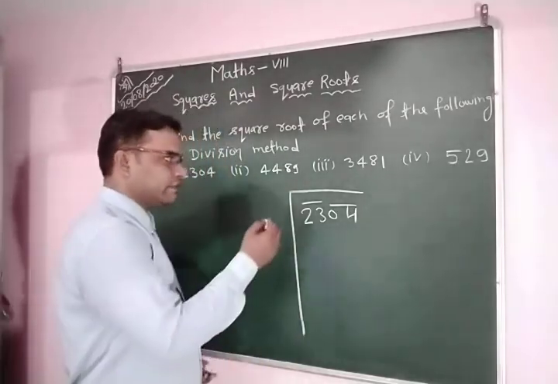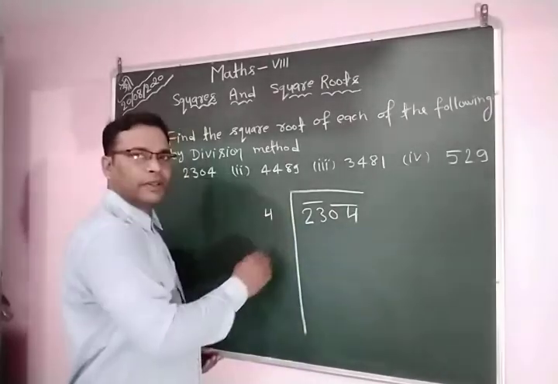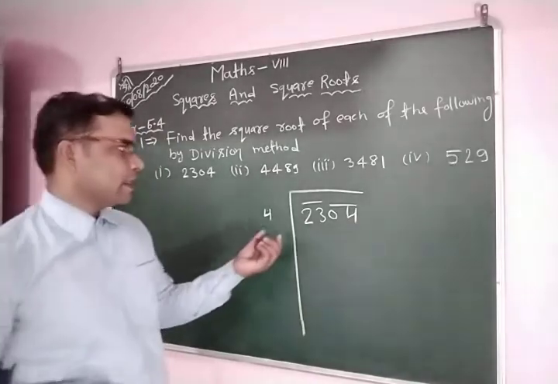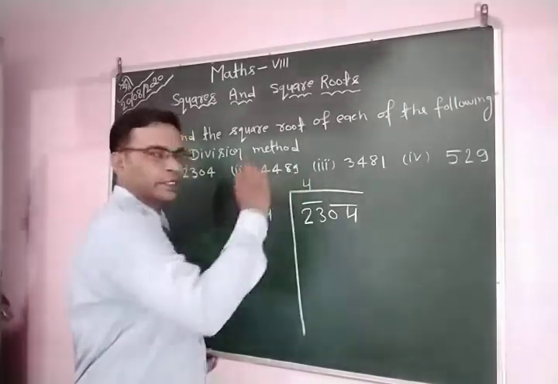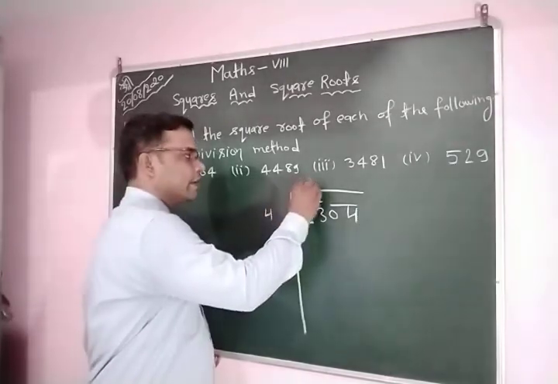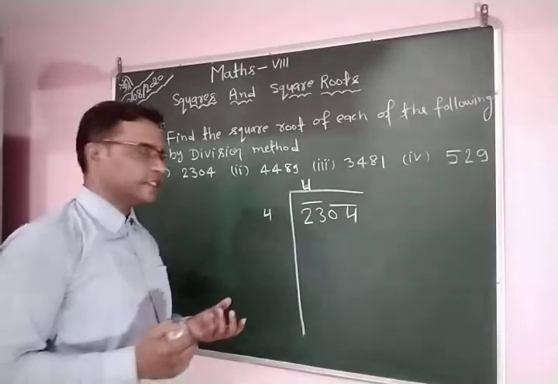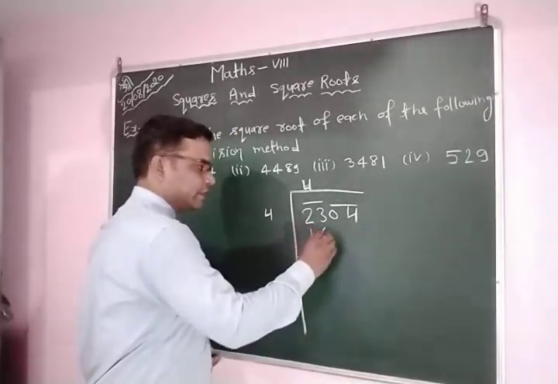So here we take 4. Write 4 as a divisor, and again write 4 as a quotient. The square of 4 is 16, and 16 is less than 23.